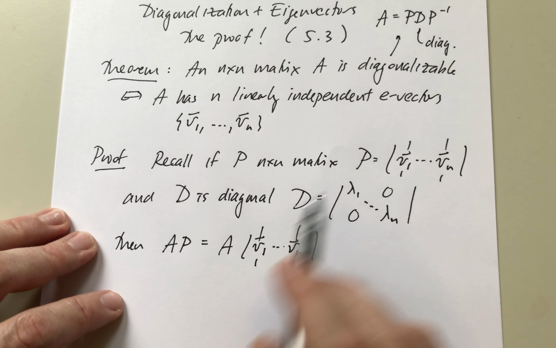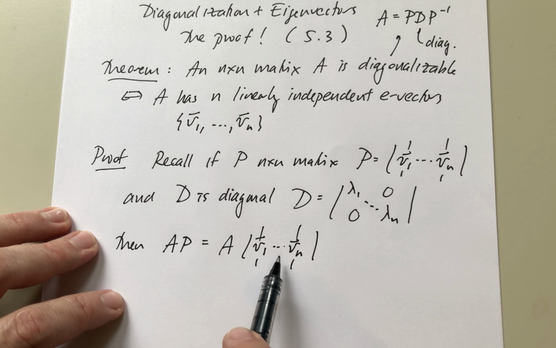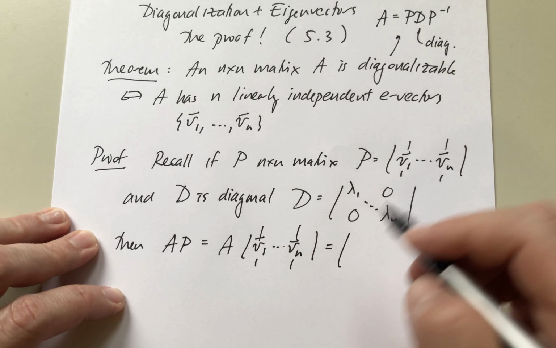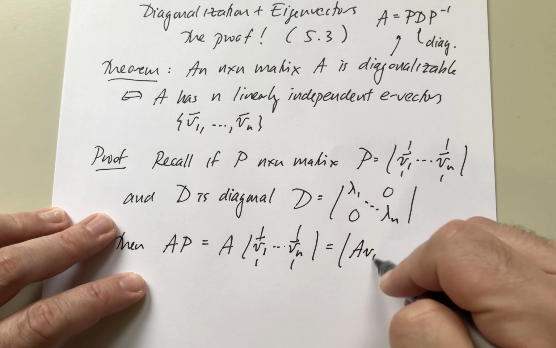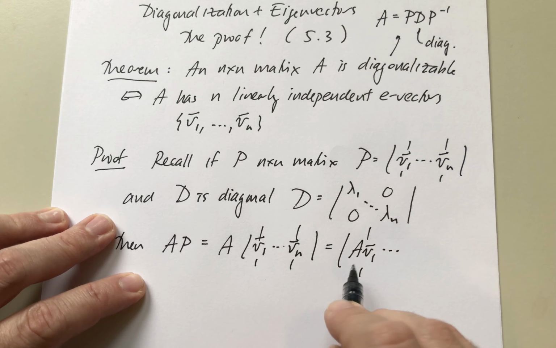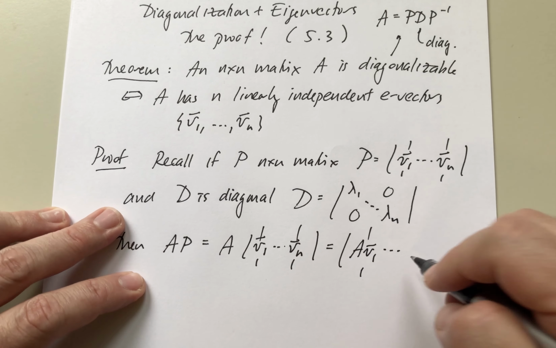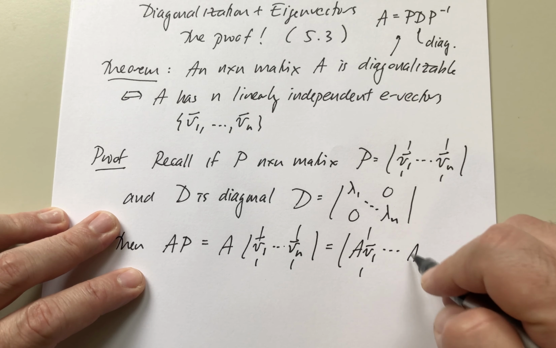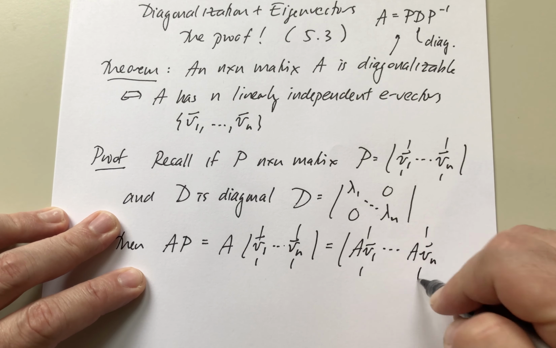When I take a matrix times another matrix, that gives you a new matrix whose columns are the matrix times the columns. So the first column of the new matrix will be Av1, then Av2, and all the way up to Avn.